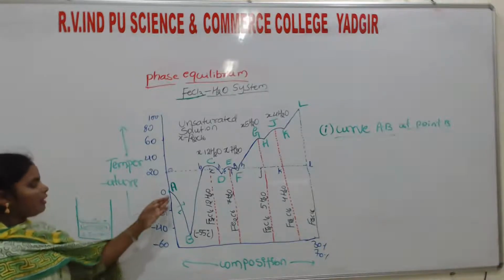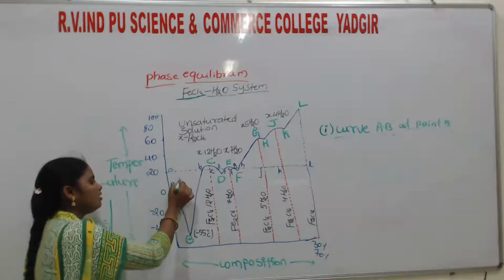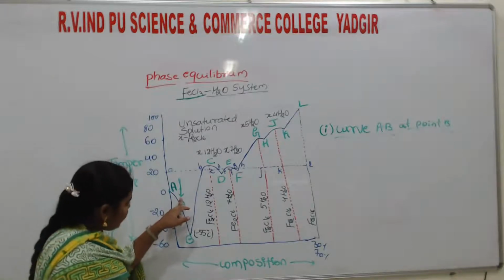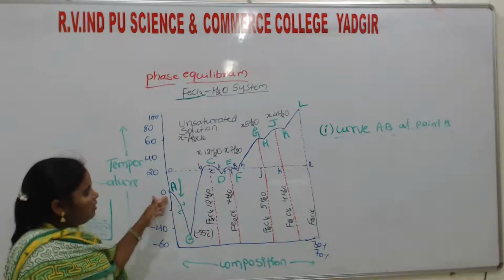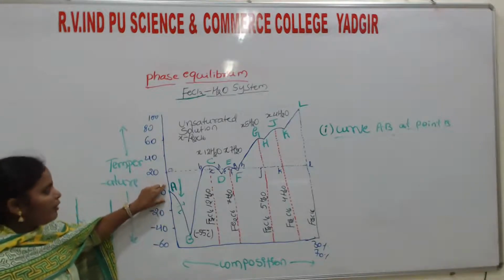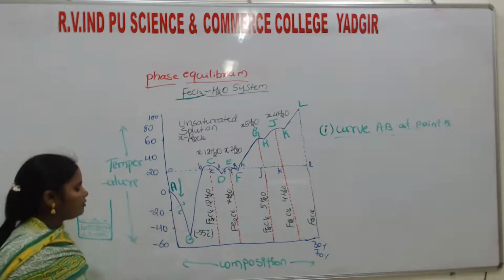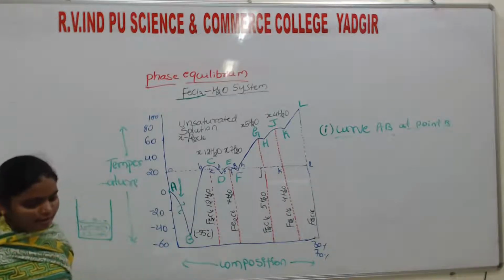Here, according to this point, you are cooling. At 0 degrees Celsius is the freezing point at A, and this is the freezing point at this eutectic temperature, minus 55 degrees Celsius.